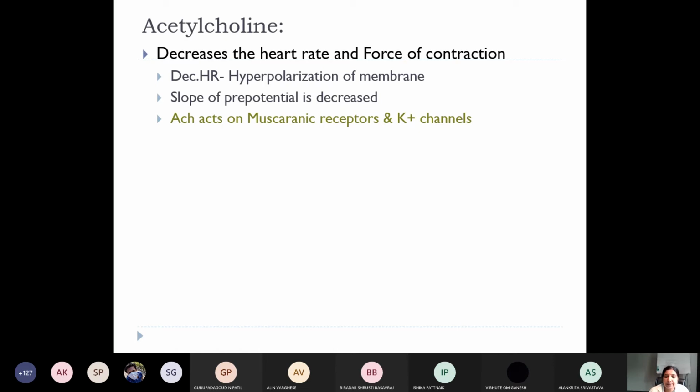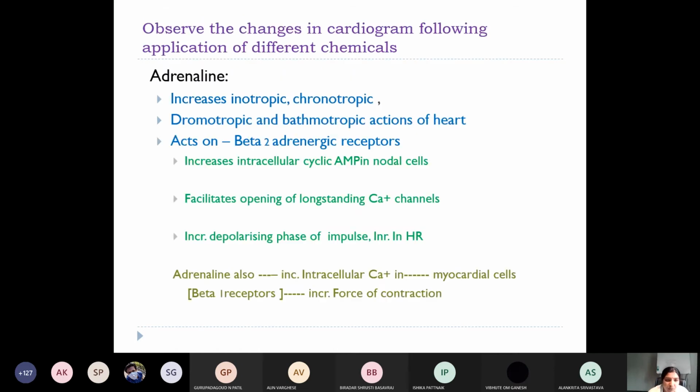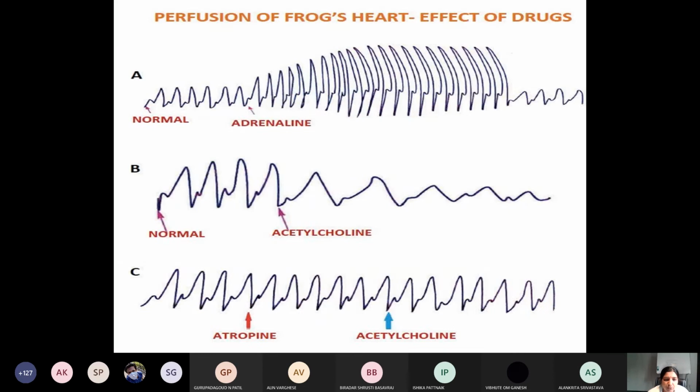Whereas adrenaline is by anyone? Who will tell, adrenaline acts through which type of receptors? I hope all of you are alert and listening. Just now I told you. Yes, ma'am. Adrenaline acts on which type of receptors?